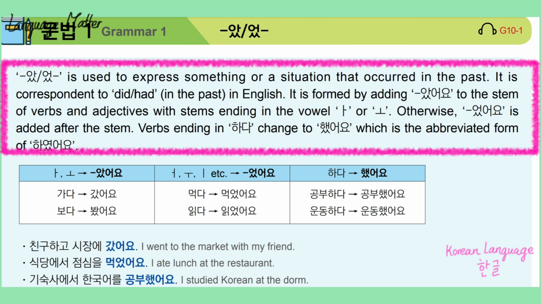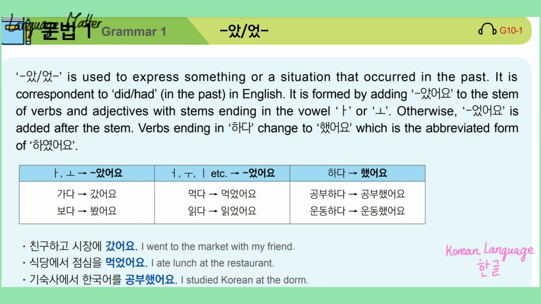It is formed by adding 았 to the verbs and adjectives with stems ending in the vowel ㅏ or ㅗ. Otherwise, 었 is added after the stem. And for the verbs ending in 하다, change to 했, which is the abbreviated form of 하였.